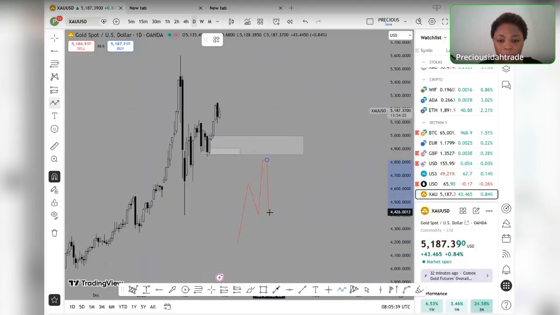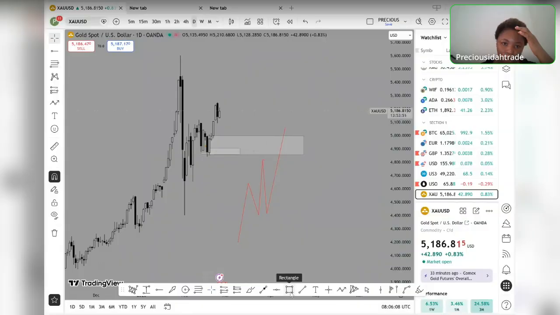Now, this is an external structure. So sometimes the market will come to your external order block here, mitigate it before giving us a new higher high. And then sometimes the market will give us something like this. We have internal structure and then we have external structure.